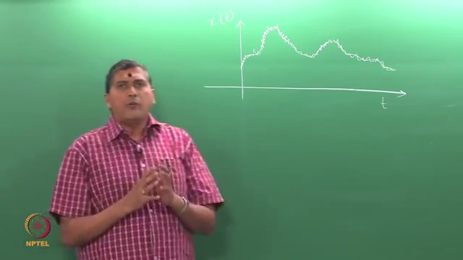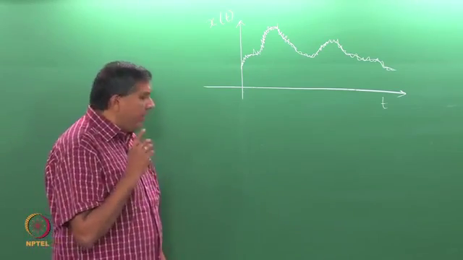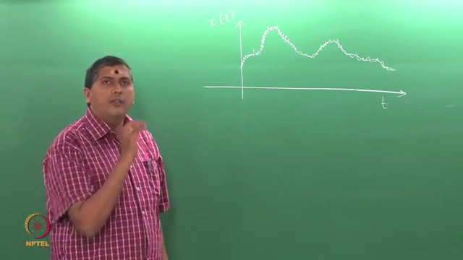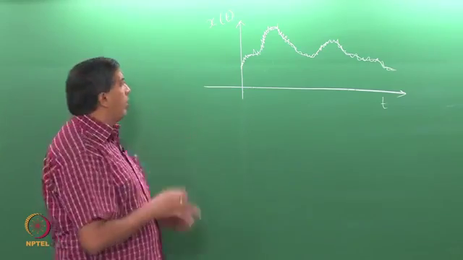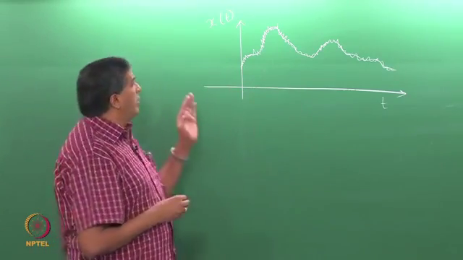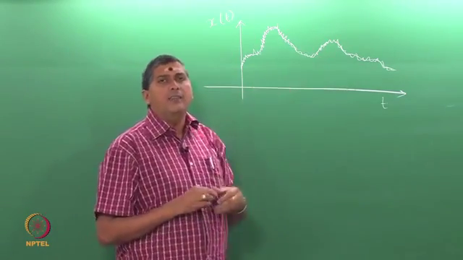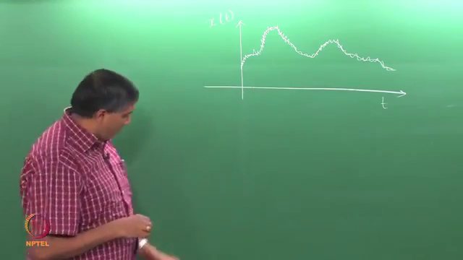So, the purpose of introducing the scaling function is therefore to think of passing x of t through a low pass filter and a bunch of band pass filters, to construct an approximation plus details at finer scales, right.